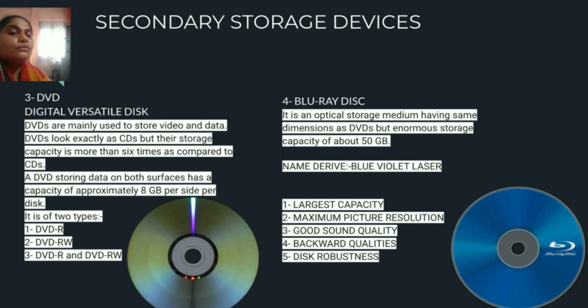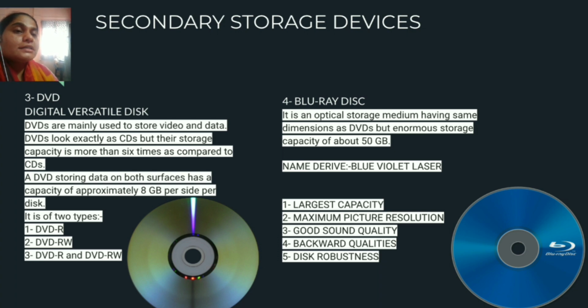It is of two types, DVD-R and DVD-RW. Students, mostly DVD and CD are very similar in size and have optical media to store data, but because DVD capacity is more than CD, it is much more advantageous as compared to CD.